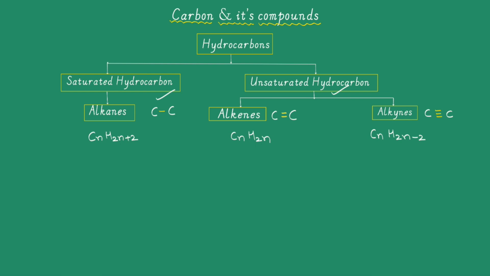Or simply you can remember like this. For alkanes, how many carbons are there? For example, we have one carbon, then double the number of carbons, that is 2, so 2 hydrogens plus 2. So in alkanes, the hydrogens will be 2 more than double the carbon atoms.